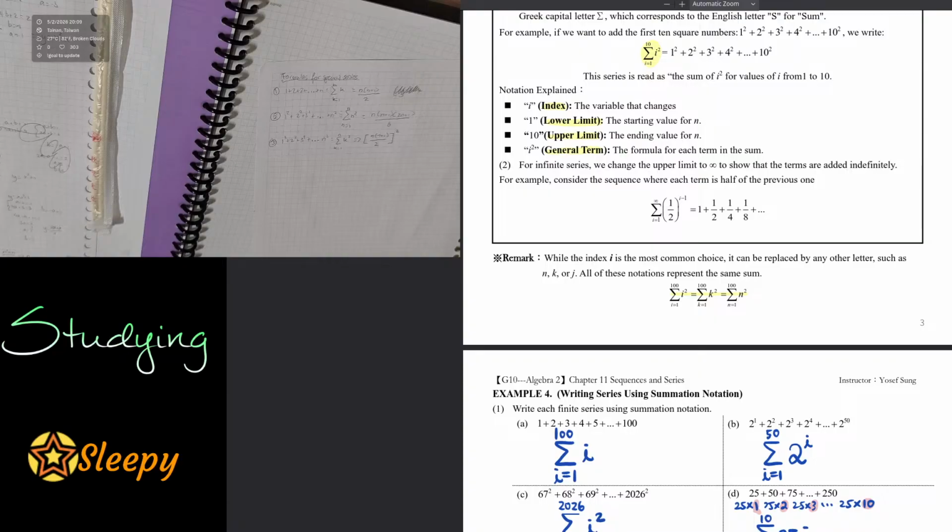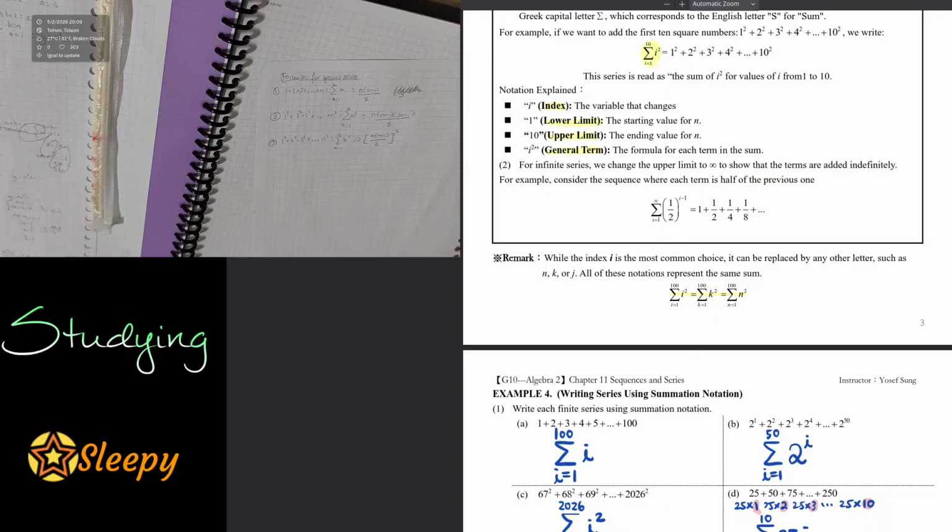Anyway, for now, let's see. We have more time. Number 6. Find the sum of the following series. So it's like n plus 1 minus 2.